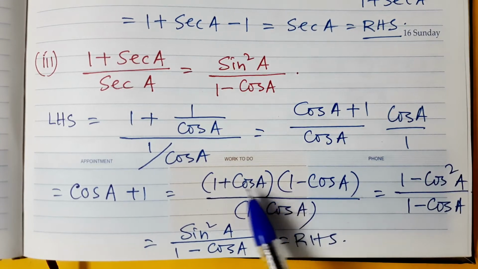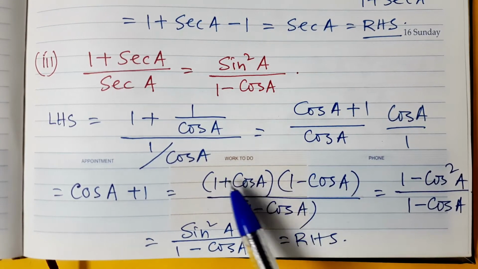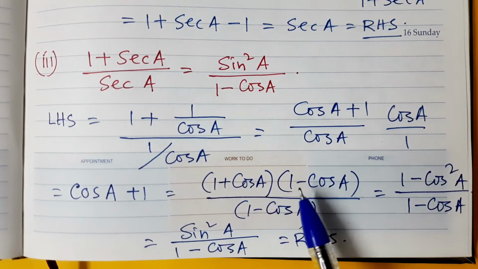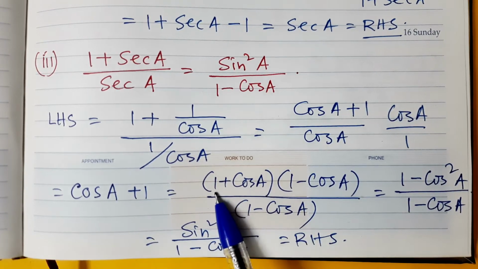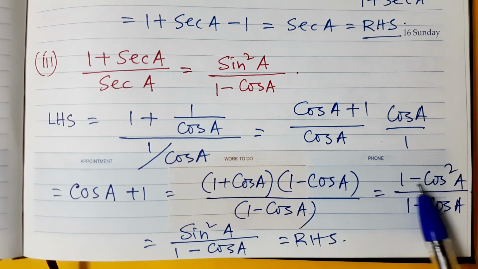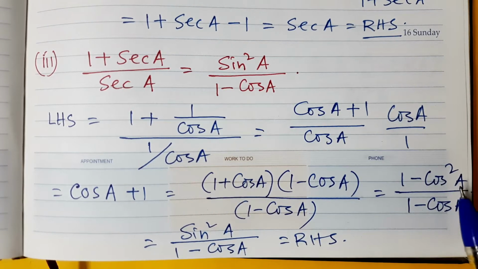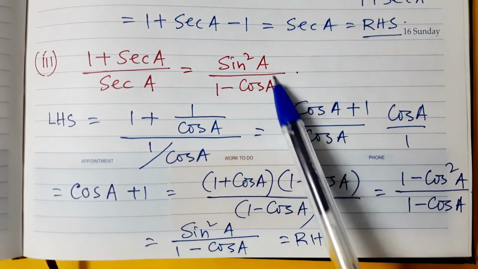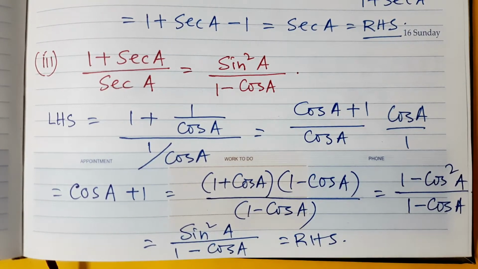Now this part I need as sin square A. So we will multiply A plus B and A minus B. A is 1, B is cos A. So this is 1 minus cos square A. That is the formula of A square minus B square, isn't it? So 1 minus cos square A is what? Sin square A, because sin square A plus cos square A is equal to 1. So it is sin square A. See, this is matching. This is the right hand side.